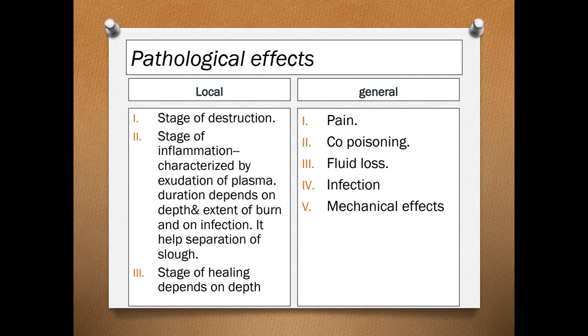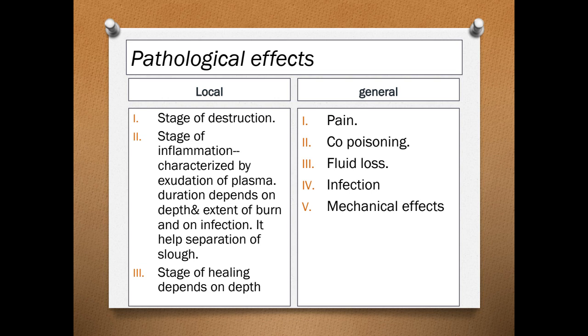This is characterized by exudation of plasma. The duration of this stage depends on the extent and depth of the burn, and the presence or absence of infection. It has some benefit because it helps in the separation of the slough and the process of healing.